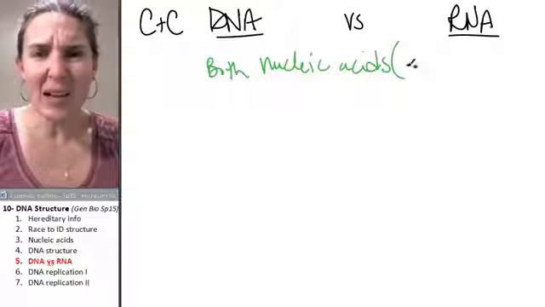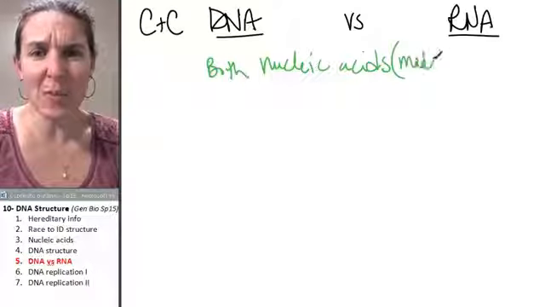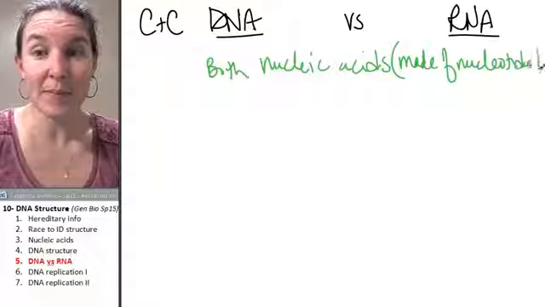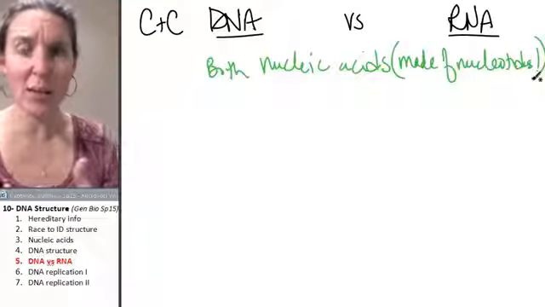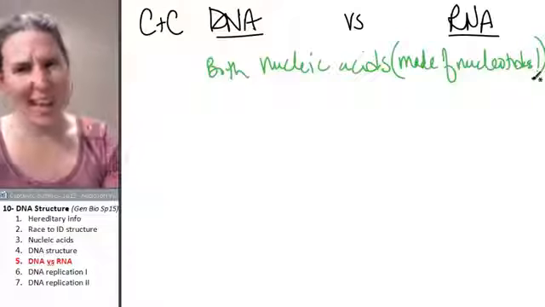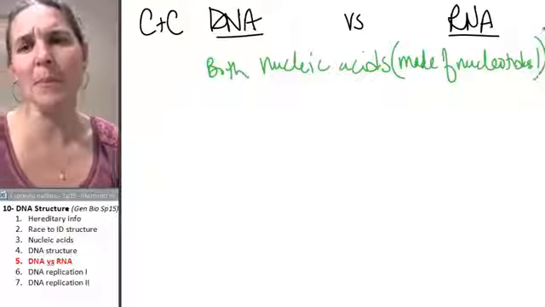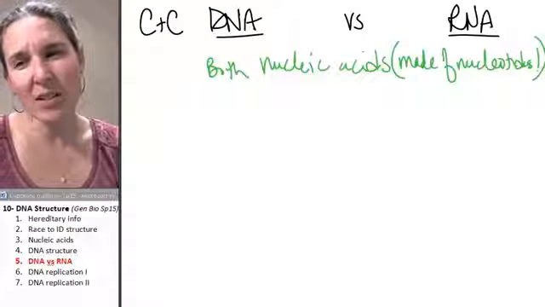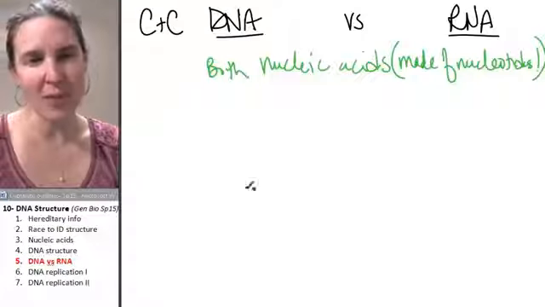And so if they're nucleic acids, they're made of nucleotides. This is important. It's important to understand that they're the same. They're made of the same thing. They're structurally very similar. So what are some things that are different about them?